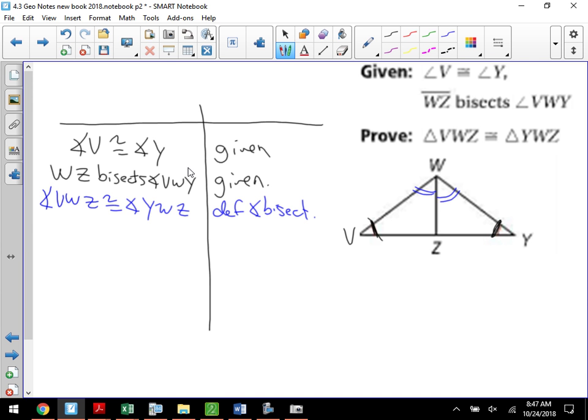It depends on what's being stated. I know there's a lot of stuff that you notice when you look at the pictures, but you have to go with what's given to you.